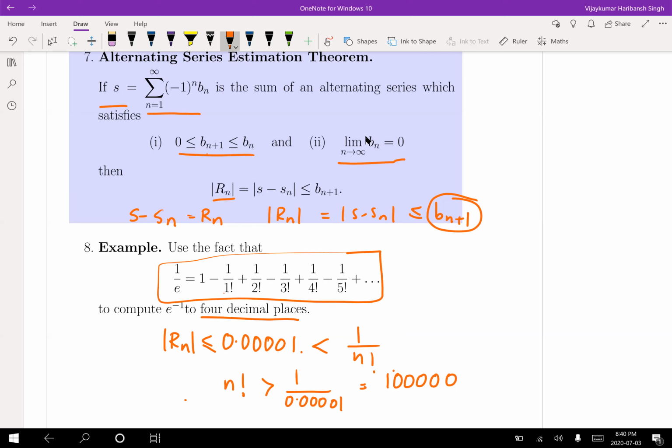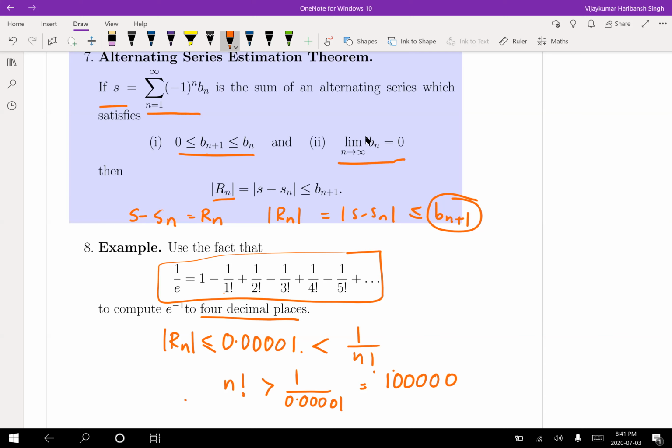So I'm checking when n factorial becomes bigger than 100,000. Let's check that out. What is 8 factorial? 8 factorial is 40320. That is not bigger than this. What about 9 factorial?